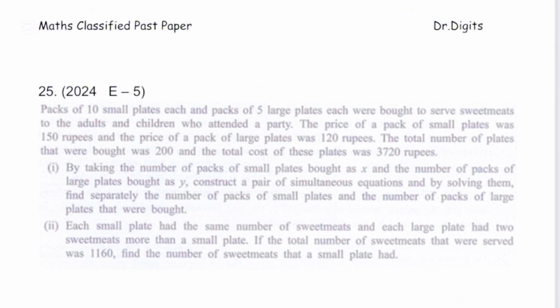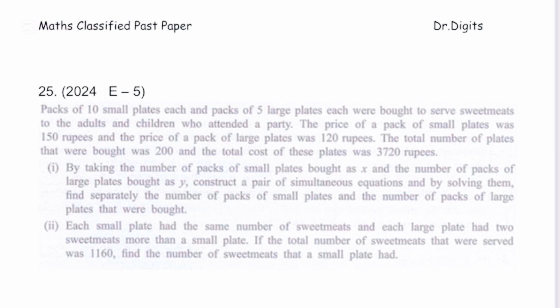Right? The price of a small pack was 150 and the price of a large pack was 120. Okay, you get the idea. The total number of plates was 200 and the total cost was 3,720.